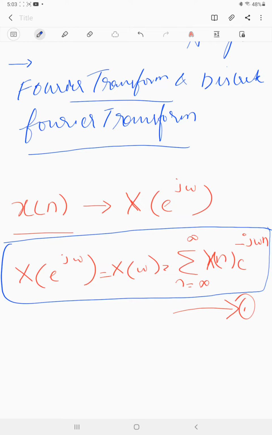This is represented as equation 1. So, this is the Fourier transform representation of x(n).